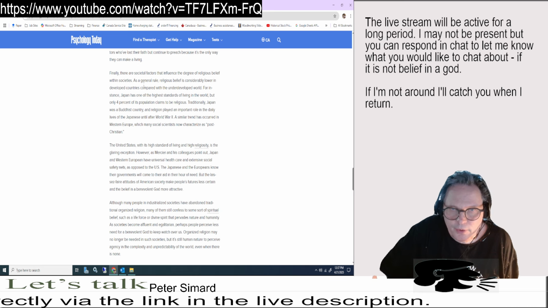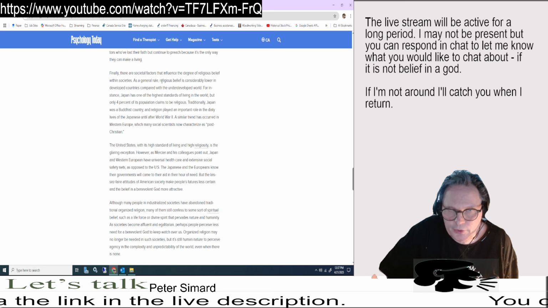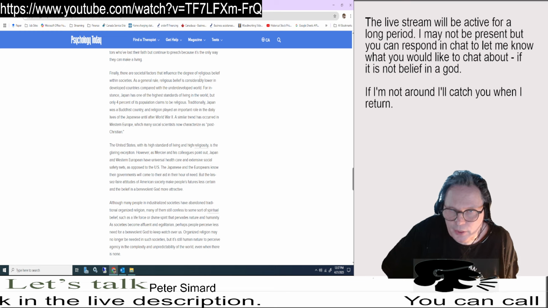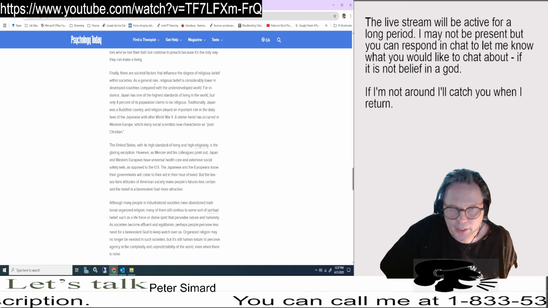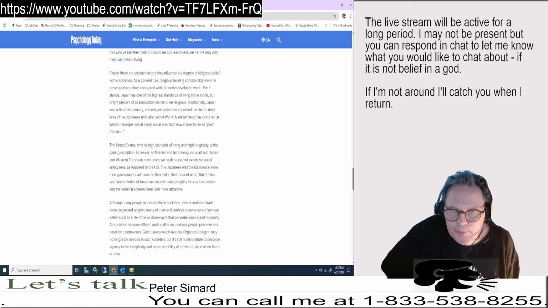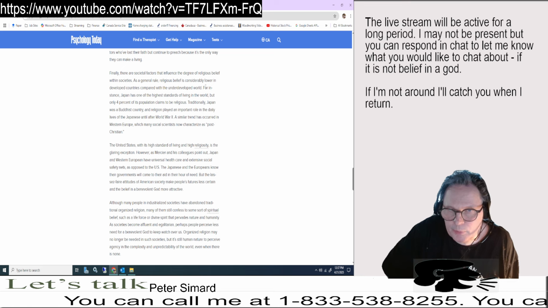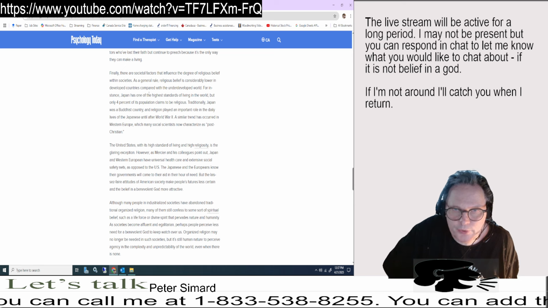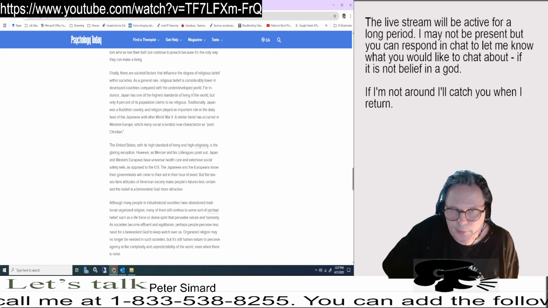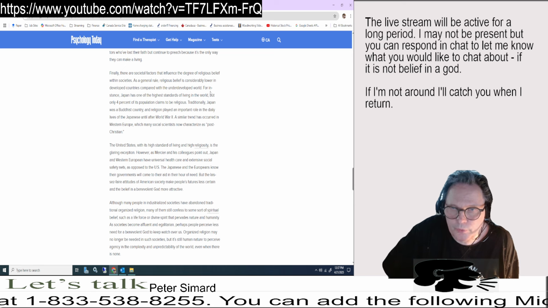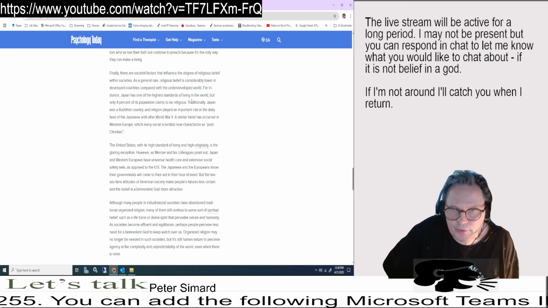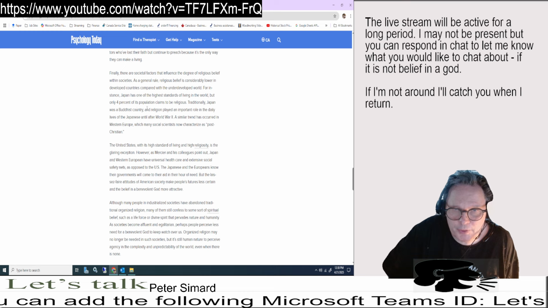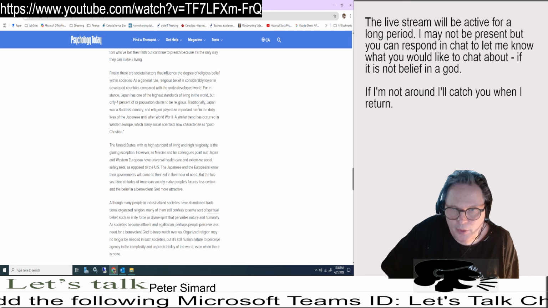Finally, there are the societal factors that influence the degree of religious belief within societies. As a general rule, religious belief is considerably lower in developed countries compared with the underdeveloped world. For instance, Japan has one of the highest standards of living in the world, but only 4% of its population claims to be religious.